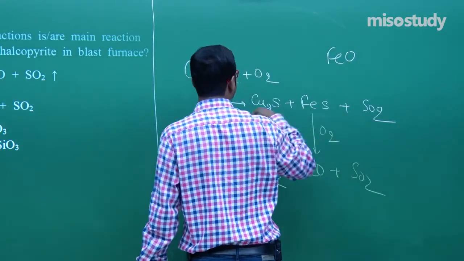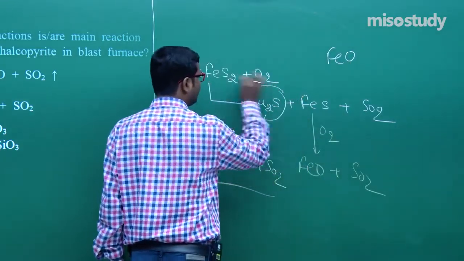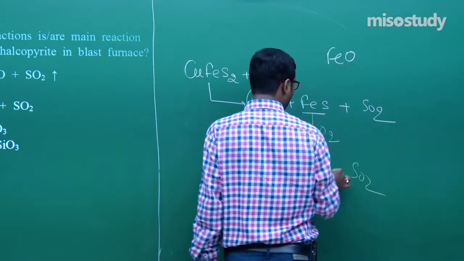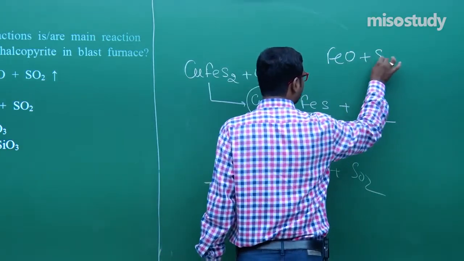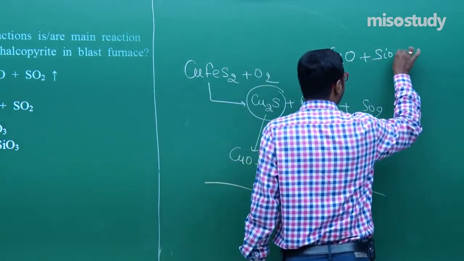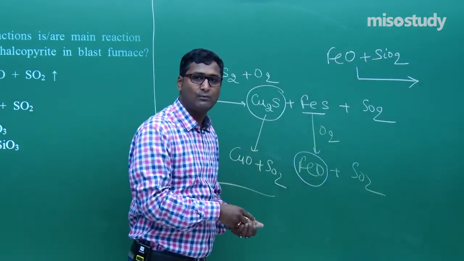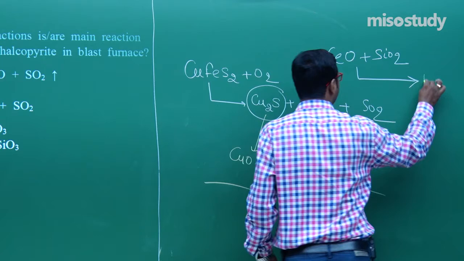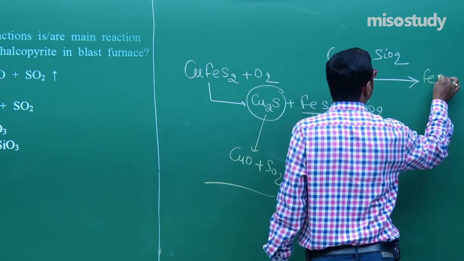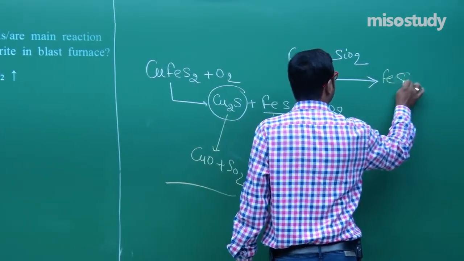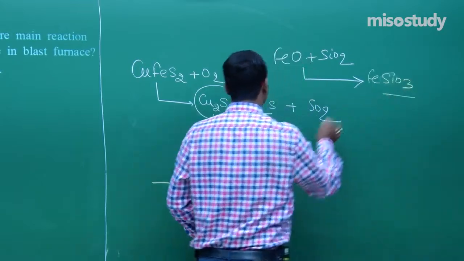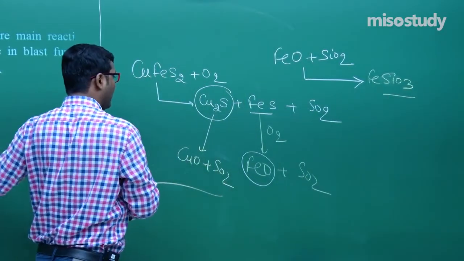Because if I talk about the extraction, we have to consider this. Then FeO will convert. This one is a basic impurity. To remove the basic impurities, we have to use an acidic flux, and it forms slag, FeSiO3.